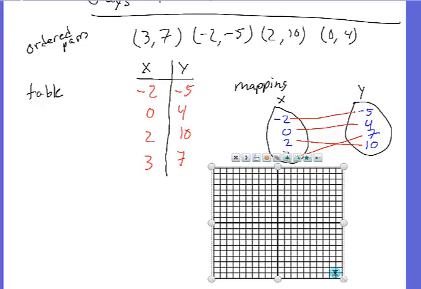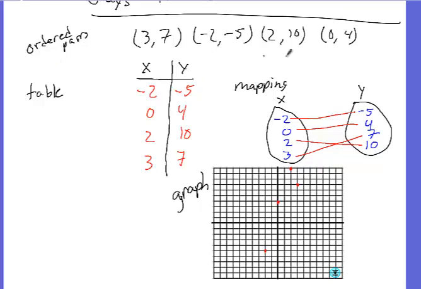So we're going to do (3, 7), (-2, -5), (2, 10), and (0, 4). Okay, and then this would be our graph. All right. So basically, those are the 4 ways we can identify a relation or a function.